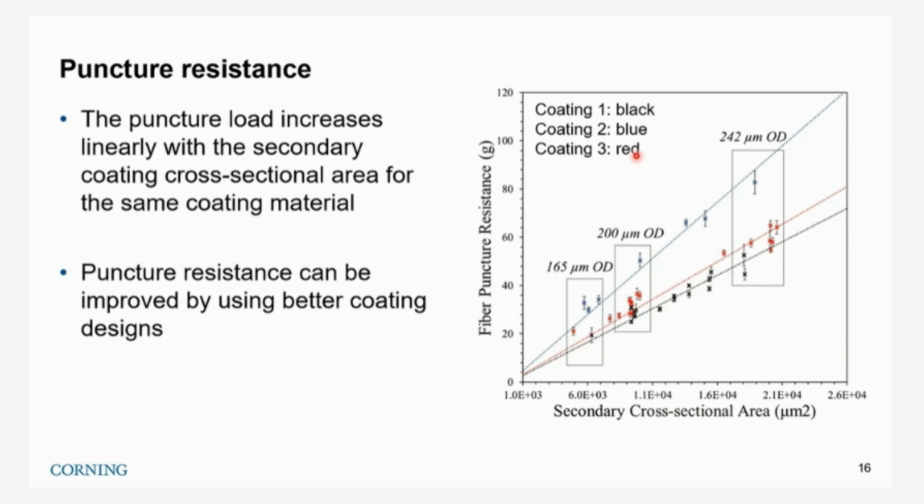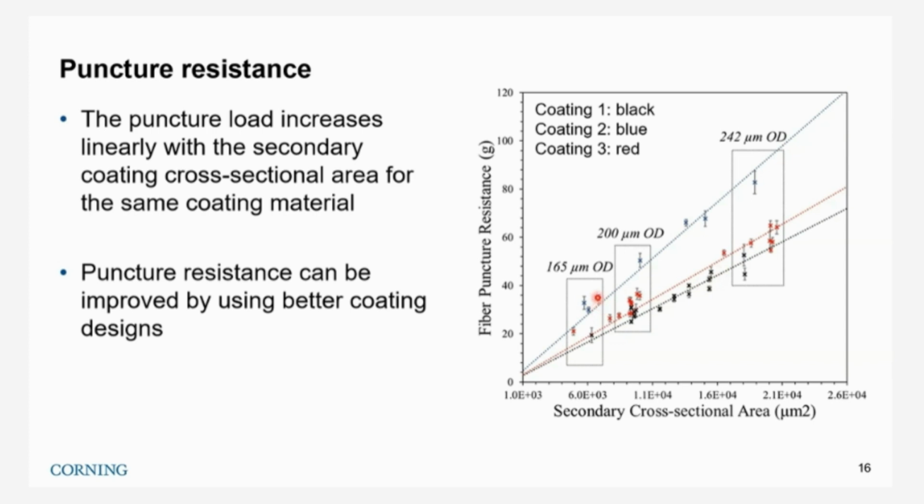For example, on this graph, you see the blue and the red line compared to the baseline, the normal commercially available coating. The red and blue have much better puncture resistance.